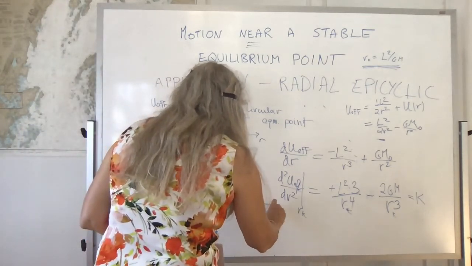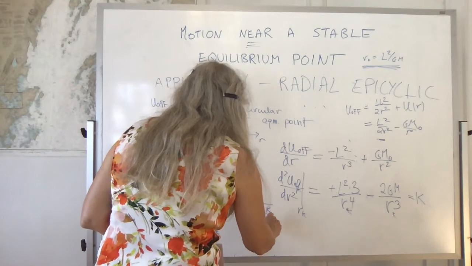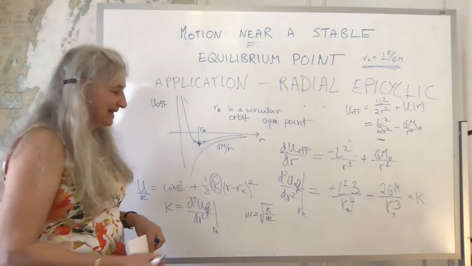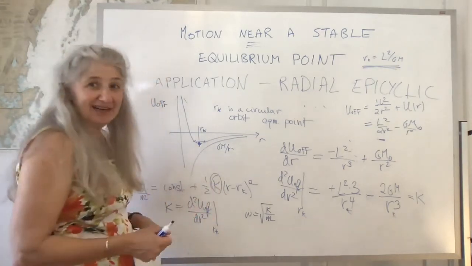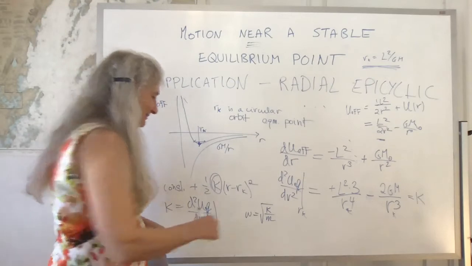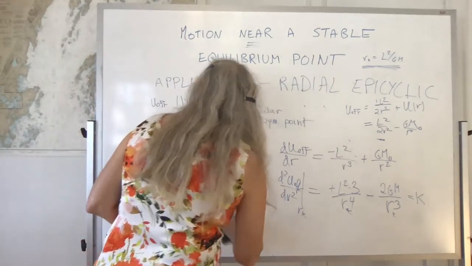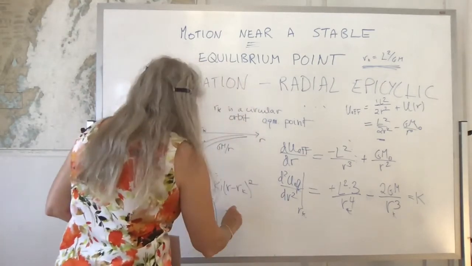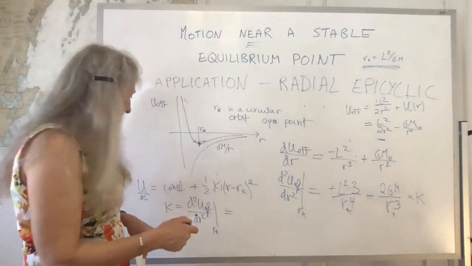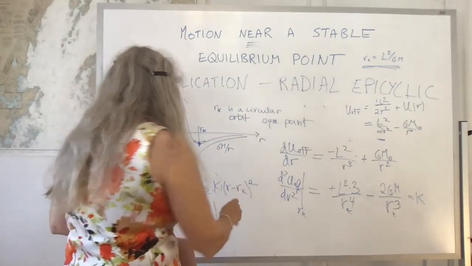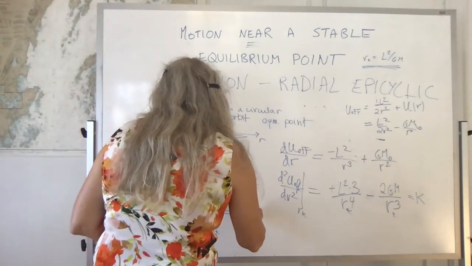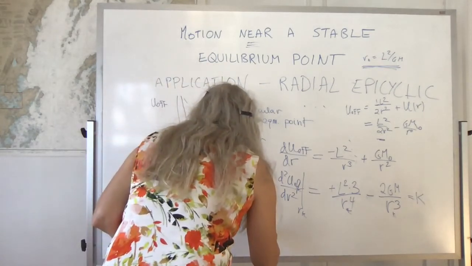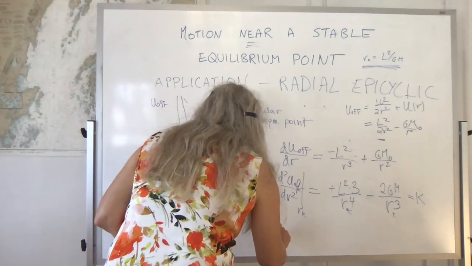Normally the frequency of oscillation is the square root of a spring constant divided by m. But in this particular case, we've already divided the mass out. So this k is actually the square of the oscillation frequency. We can write this as omega squared, where omega is now the epicyclic frequency.